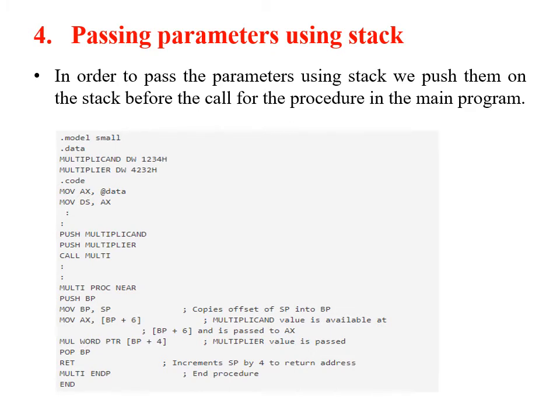In this case, as in the previous example, we have two values under the variable names multiplicand and multiplier, and we push them into the stack using push commands. First multiplicand is pushed and then multiplier is pushed. So now the top element of the stack is multiplier.